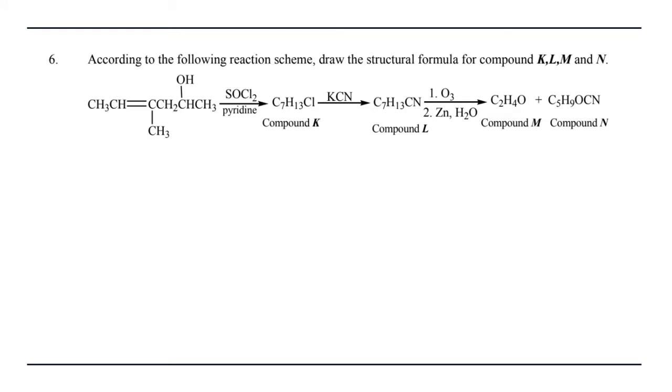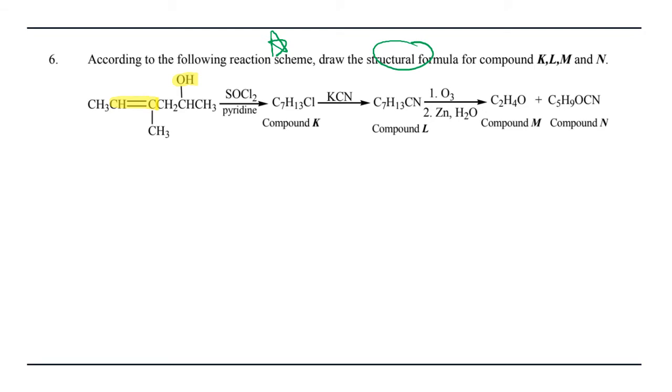Tutorial question number 6. Based on the reaction scheme as well, you need to give the structural formula for K, L, M, and N. As usual, we have to identify the functional group. In this compound, we have two functional groups. One is the carbon-carbon double bond, and another one is the hydroxyl group.